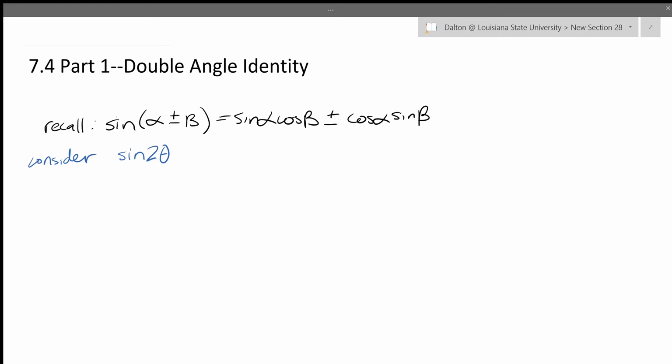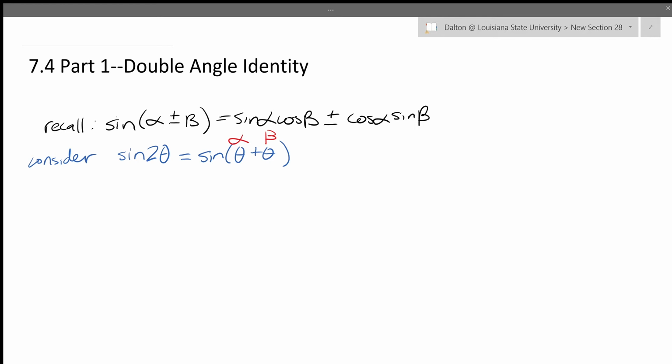So what I want to do is expand this. Do you agree that sine of 2 theta is the same thing as the sine of theta plus theta, right? Because theta plus theta is 2 theta. Doesn't this look like a setup for the sine sum identity where alpha is theta and beta is theta?